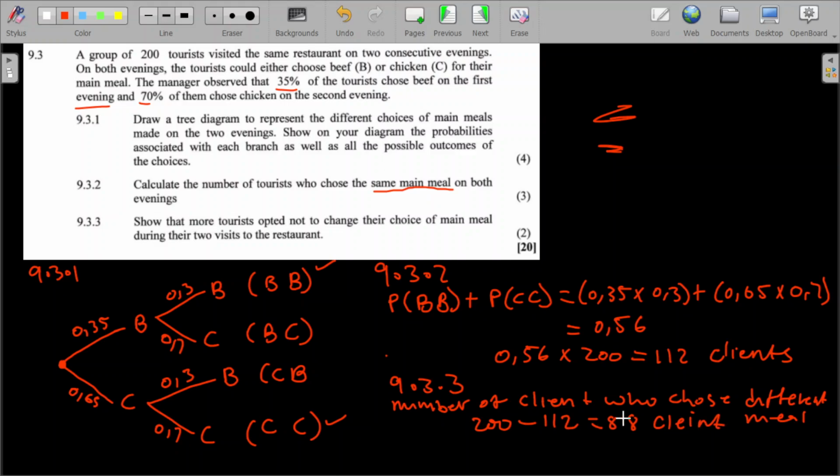So if I have 88 clients who chose a different meal, now the question is saying show that they do not change. I can see now, therefore, more clients prefer to make the same choice.